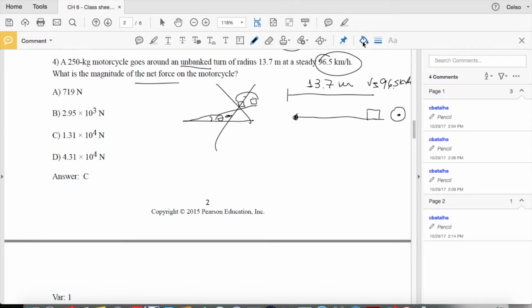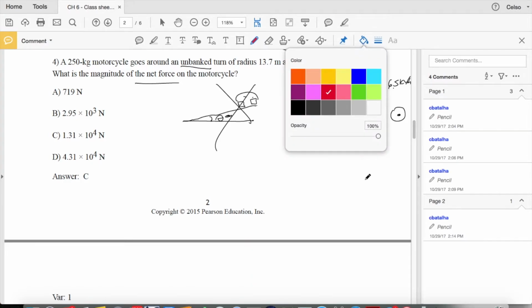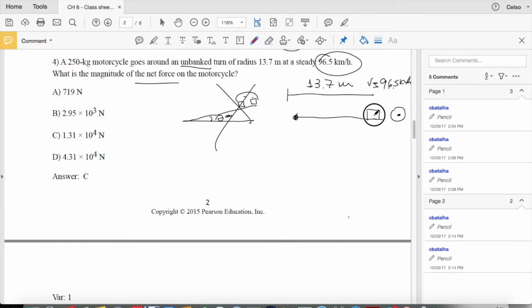So let's indicate the forces on the motorcycle. We have certainly the weight of the motorcycle, which is Fg. Remember, since this motorcycle is on top of Earth, weight is given by mg, mass times gravity. There is a normal force from the floor on the motorcycle that is balanced by the weight.